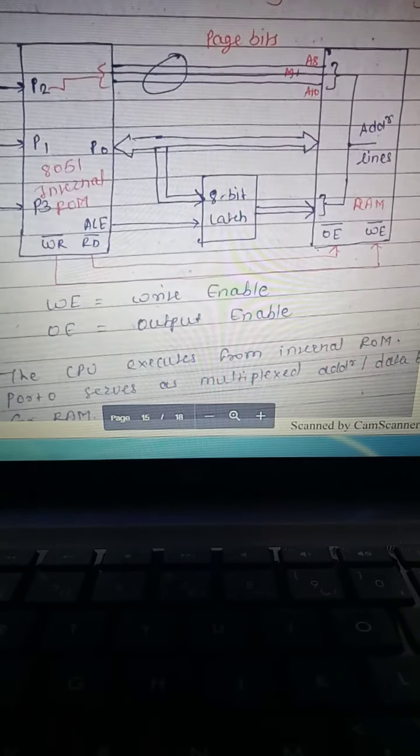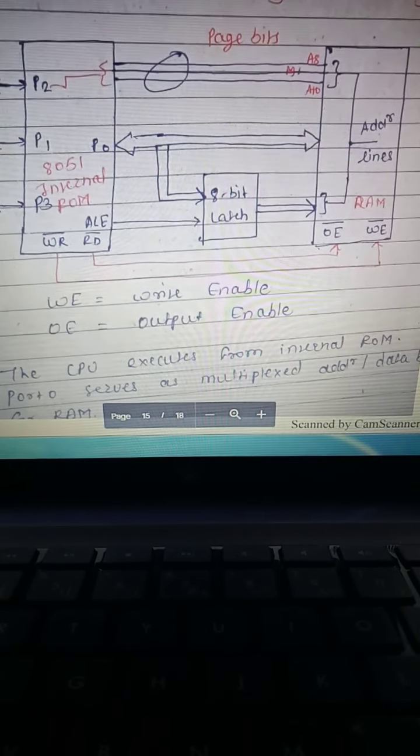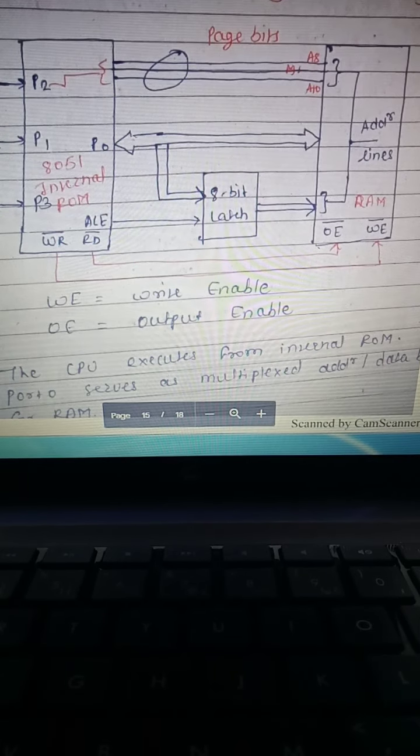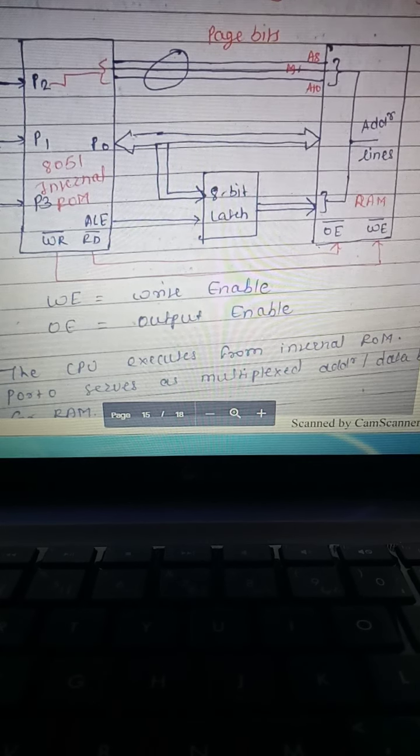When the CPU executes from internal ROM, port 0 serves as a multiplexed address and data bus for RAM. Now three pins of port 2 are used for addressing the A8, A9 and A10 lines of RAM, as shown in the figure.